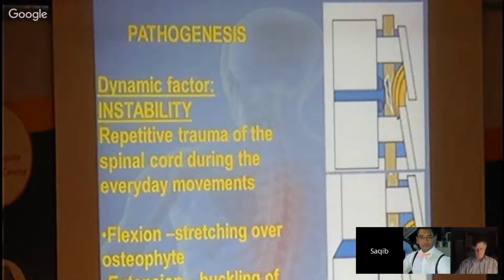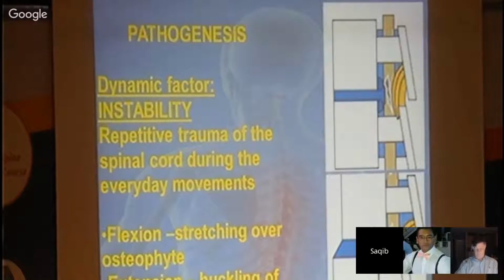Apart from the static factor, we have a dynamic factor. In case you have instability, you will have repetitive trauma of the spinal cord during everyday movements. And like that, you will have another mechanism that will impair your spinal cord. These are good drawings that demonstrate how the spinal cord is injured because of instability. If you have instability, you will have osteophytes, and stretching of the spinal cord.